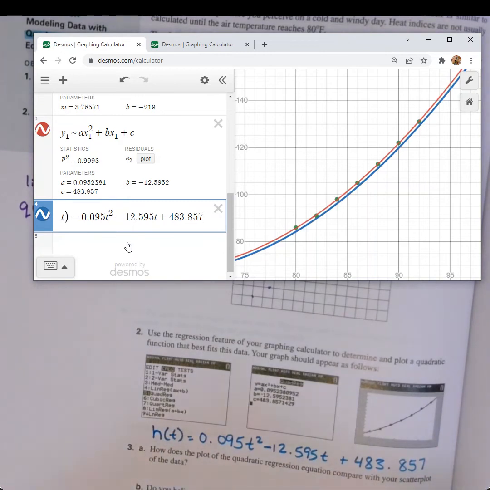One of the things I noticed right away is that there seems to be a kind of large discrepancy between what I have typed right here and what is showing up as the red line for the model. That's likely due to some rounding.